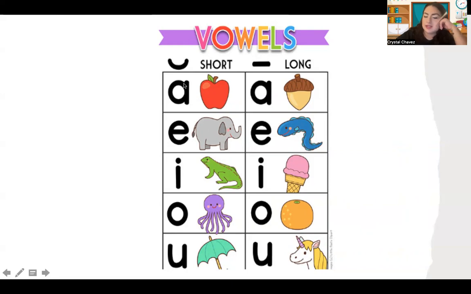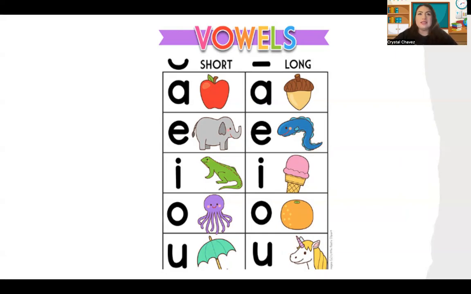We can do the short A as in apple, long A as in acorn, short E as in elephant, long E as in eel, short I as in iguana, long I as in ice cream, short O as in octopus, long O as in orange, short U as in umbrella, long U as in unicorn.